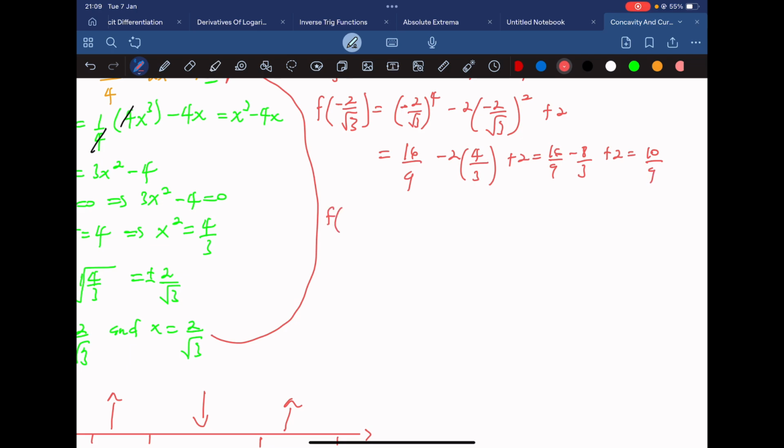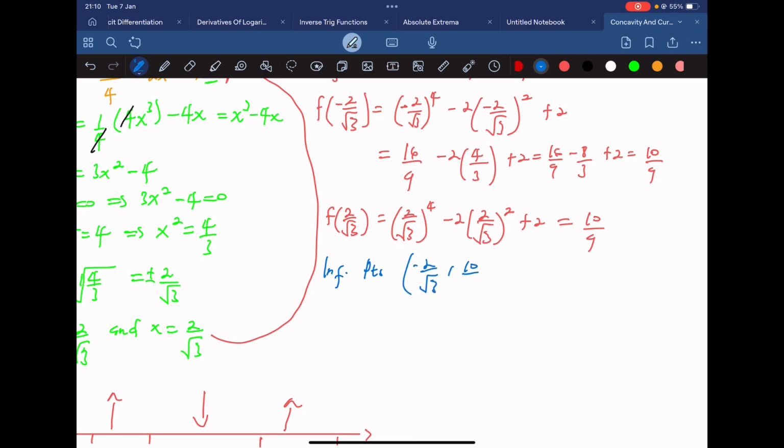Then you do the same thing for 2 over root 3. So that is 2 over root 3 to the exponent of 4 minus 2 times 2 over root 3 squared plus 2. And if you do the math, it also ends at 10 out of 9. So we have our inflection points: negative 2 out of root 3, 10 out of 9, and then positive 2 over root 3, 10 out of 9.